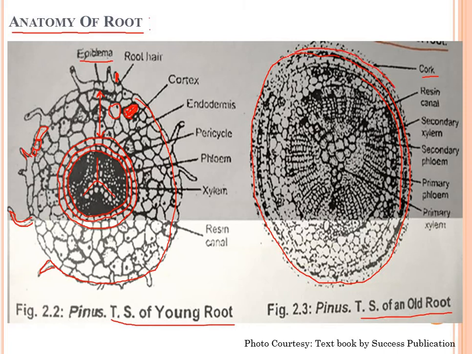What is the role of periderm? Actually this periderm forms bark, and it also provides protection. Then see the cortex. Inside the cortex, cambium is present, and that cambium is responsible for formation of secondary xylem and secondary phloem twice in a year, and therefore secondary growth is present in old root.